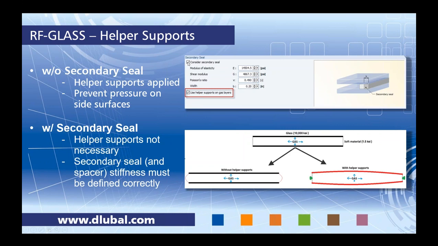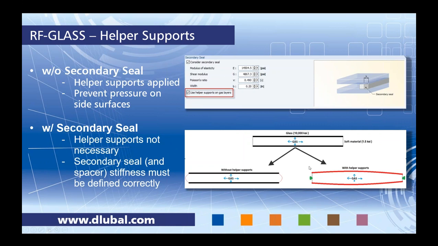Now, remember, when you have the secondary seal unchecked, we automatically apply that in for you. If you were to check the secondary seal, you now have the option to uncheck or check this helper supports. And the reason why is because now you have control over modeling the exact stiffness at these ends. So if you don't want to consider helper supports, which are very rigid, then you just want to make sure to correctly model your secondary seal, but also include the stiffness of your spacer here with all of the correct properties.